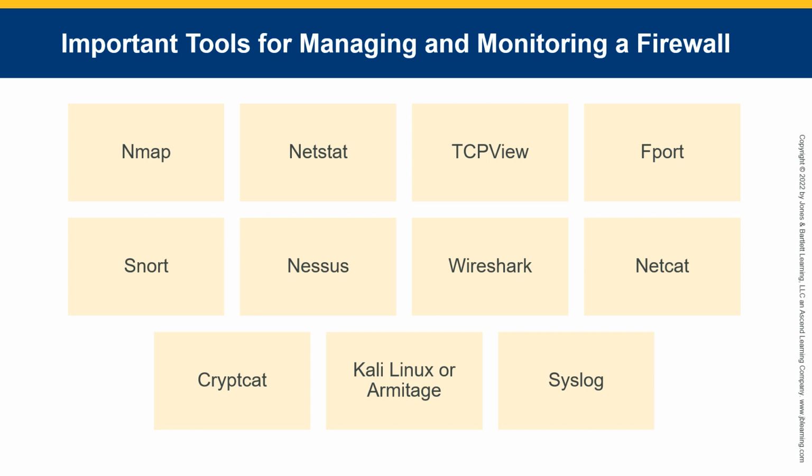Cryptcat can check your crypto algorithms on your firewall, which ones allow connections onto it. Snort, Wireshark, Netcat, all these can be used to check to see what's available. TCPview is a system tool that can show you what TCP connections are out there. A lot of cool tools you can investigate, and these are some of them.